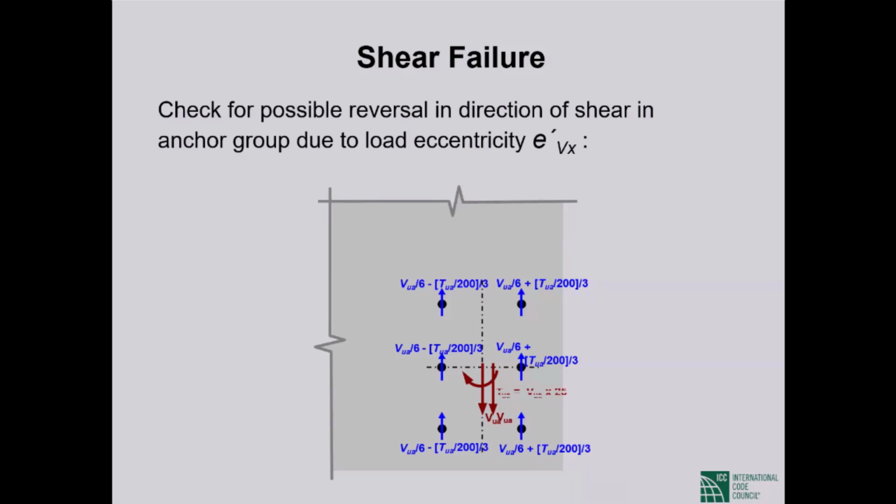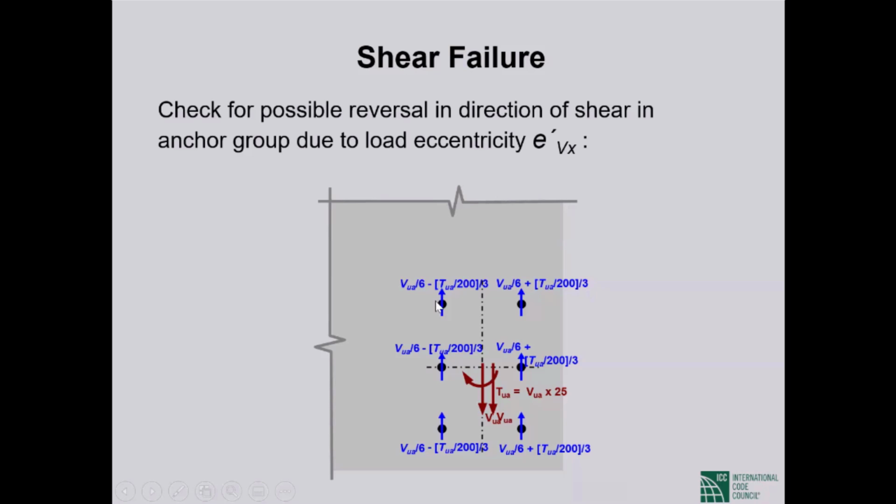So similar computation as the last time, we have a shear applied at an eccentricity of 25 millimeters that is equivalent to a concentric shear plus a torsion. The torsion will cause additional shear in the anchors to the right.